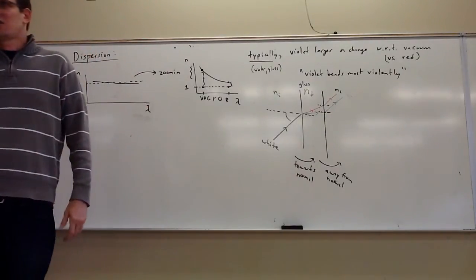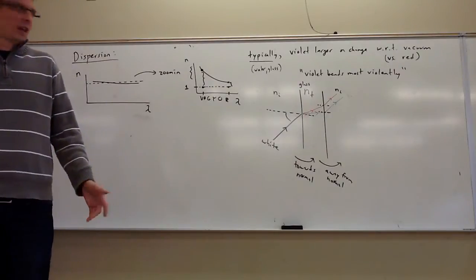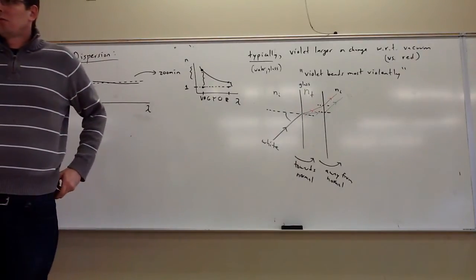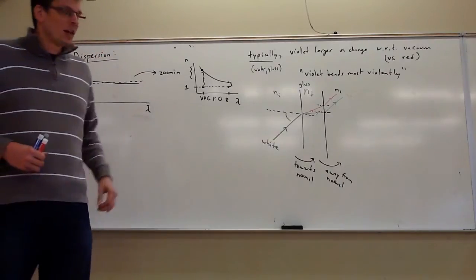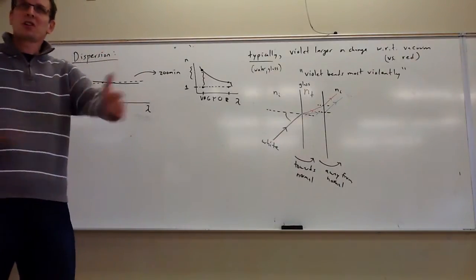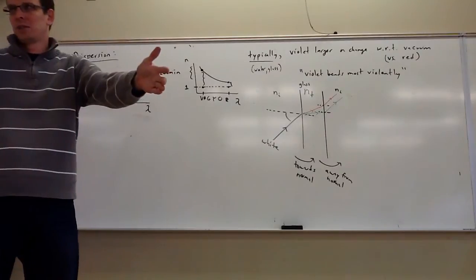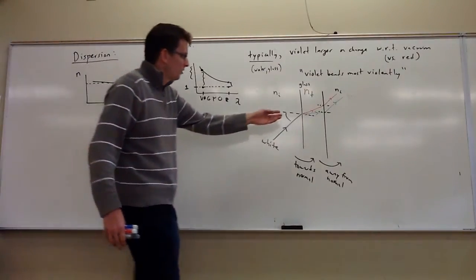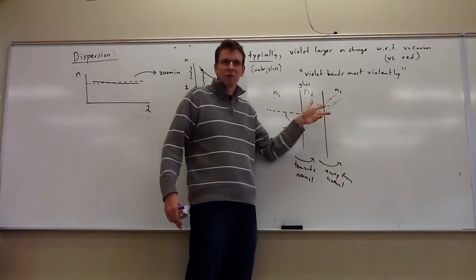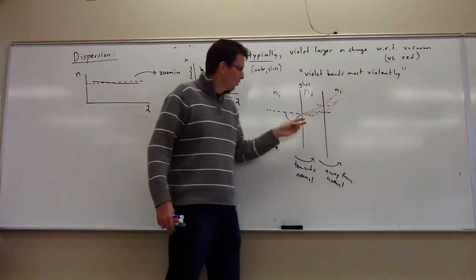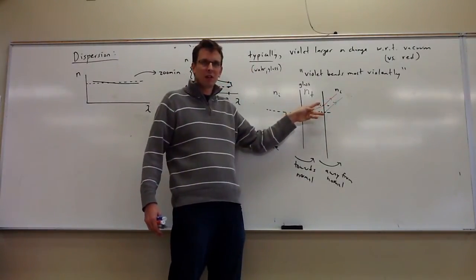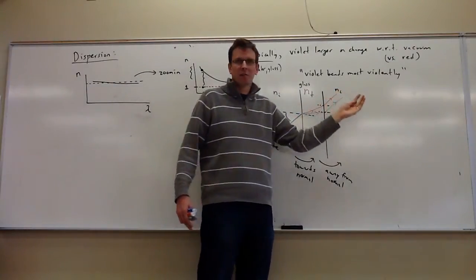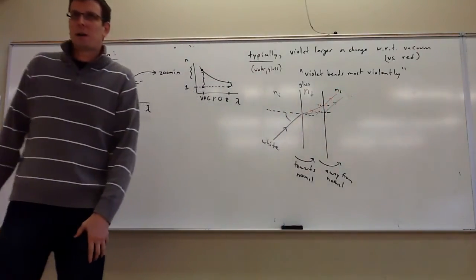So basically it just undoes the very thing that you were trying to do, or I guess I haven't told you what we're trying to do here, but if we are dispersing the colors, this idea that we are separating them out, we've just basically undone that. You notice that these colors were kind of fanning out here, going off in different directions, but now they're actually not. They're all still parallel.